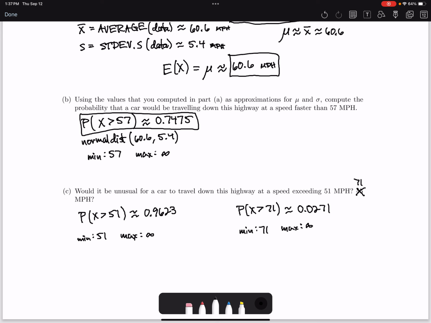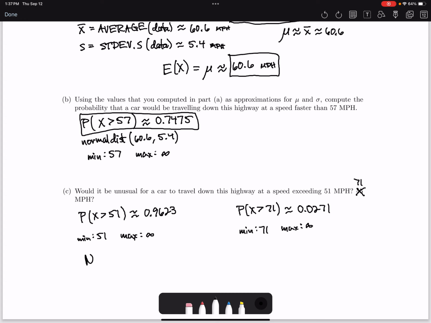So, would it be unusual for a car to travel down this highway at a speed exceeding 51 miles per hour? No, right? This is not unusual. In fact, it's highly likely that the car will be going more than 51 miles per hour. Is it unusual if it would be going more than 71 miles per hour? The answer there is yes, right? That's less than a 5% chance of that occurring.